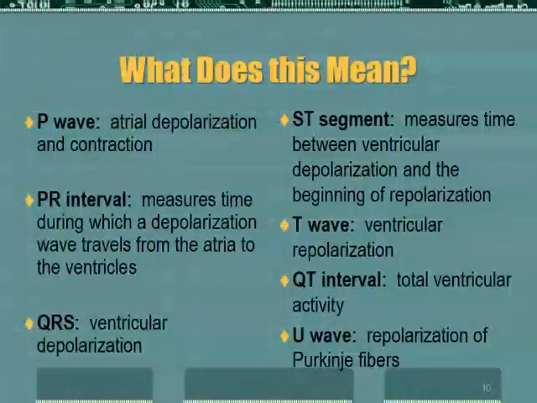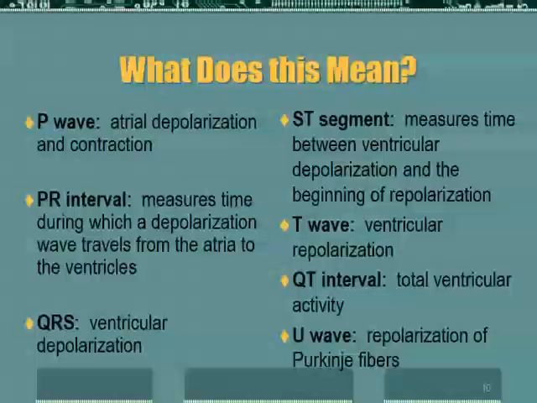In other words, it's basically measuring contraction of the atria. This is typically measured in an increment of time, and the normal measurement would be 0.12 to 0.20 seconds. The QRS complex represents ventricular depolarization, or in other words, contraction of the ventricles.